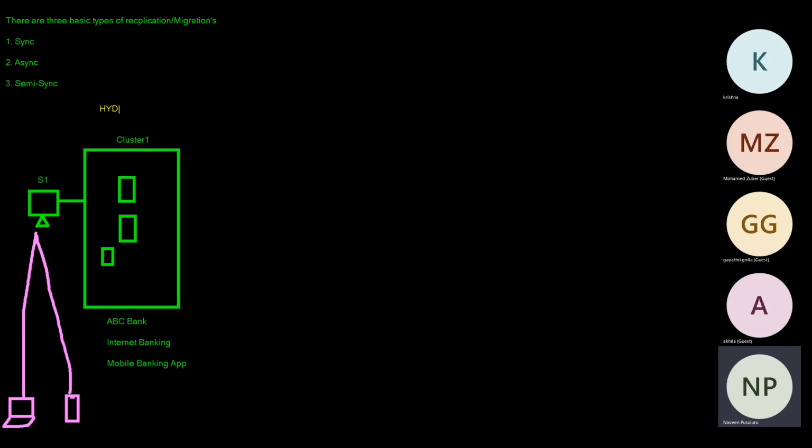So after the disaster is over, I need to bring the server and cluster back again. I'm not sure if they will work or not. I'm not sure about the data as well. So that is a risk, right? Normally we get irritated when we try to access the bank website and it shows the server is not reachable for a fraction of a second, like 10 seconds or 1 minute.